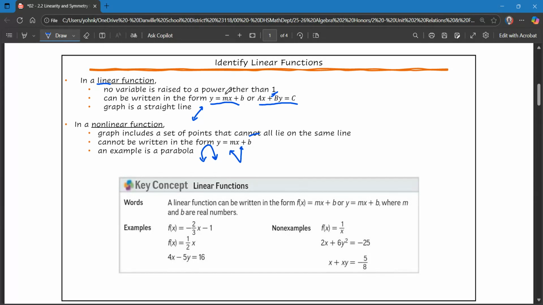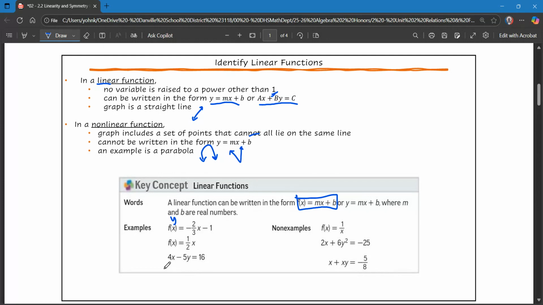So that's kind of what the visual looks like and a little bit of the equation. Here's what some examples might be of the function. A linear function can be written in the form f of x equals mx plus b or y equals mx plus b. Notice all the good examples: y equals negative 2/3 x plus 1, y equals 1/2 x.